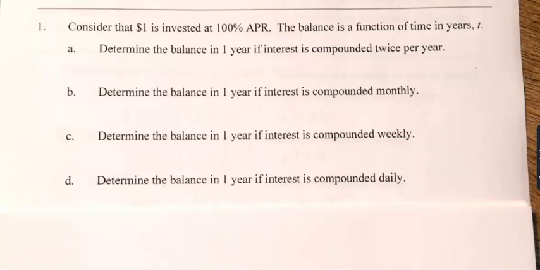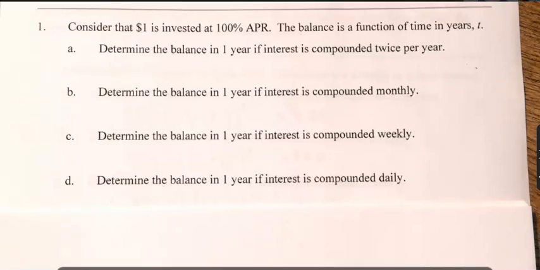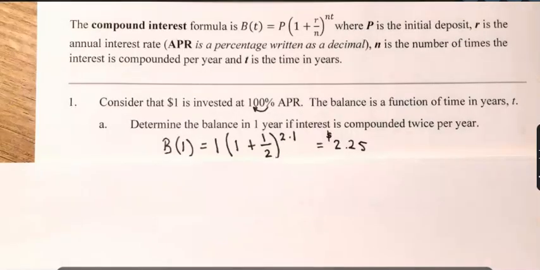For part A, we will determine the balance in 1 year, so that in our formula is the variable t, if the interest is compounded twice per year, and so that's the value 2 for the variable n. So using the formula, I've replaced the t with a 1 because this is 1 year.